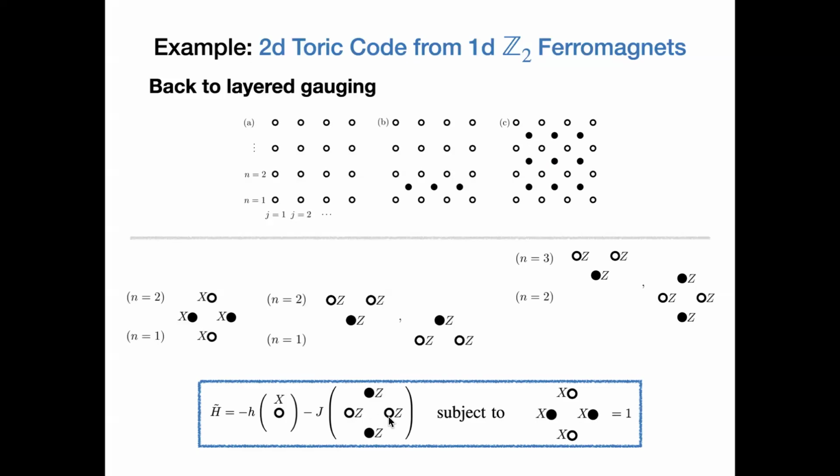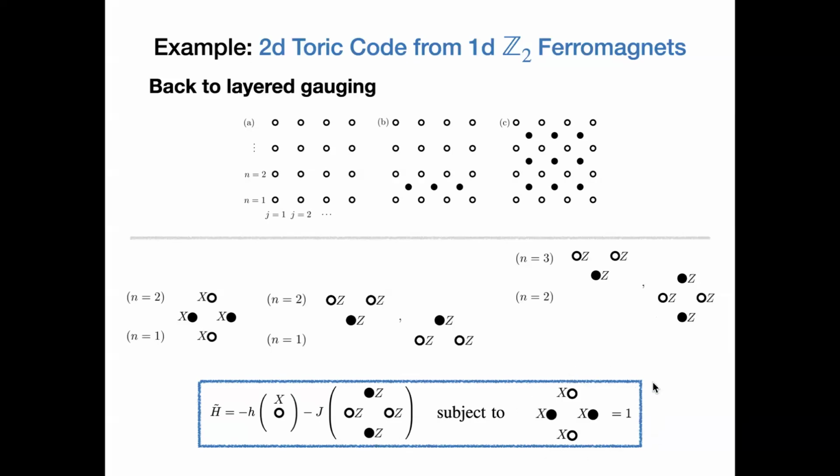And this term is a modified Ising term, so that this two Z comes from the original Ising ZZ couplings, and these two black Z's are the gauge field coupled during the layered gauging procedure, as you can see from this term.